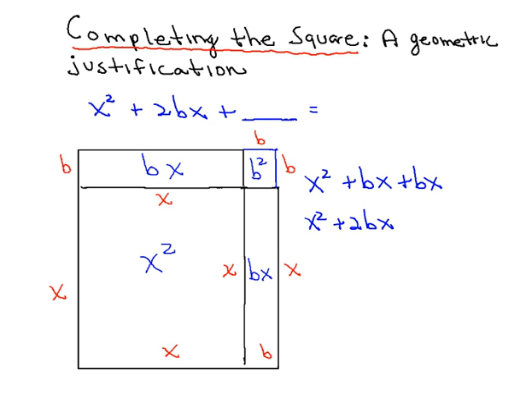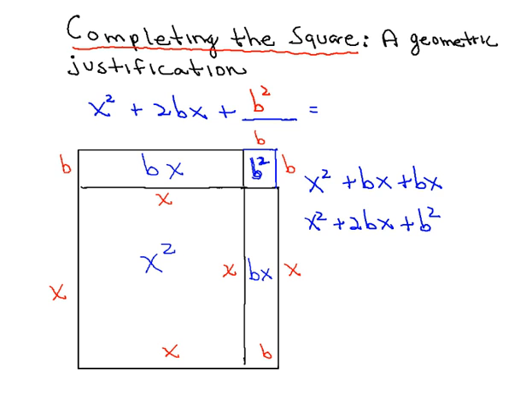If we take a look at the area of this little square that we've added on, and add that area to the x squared plus 2bx down below, that would give us one representation for the area of the entire figure. So what we needed to do was to add that little square, whose area is b squared, to the x squared plus 2bx to complete the square. So I'm going to put that term right there.